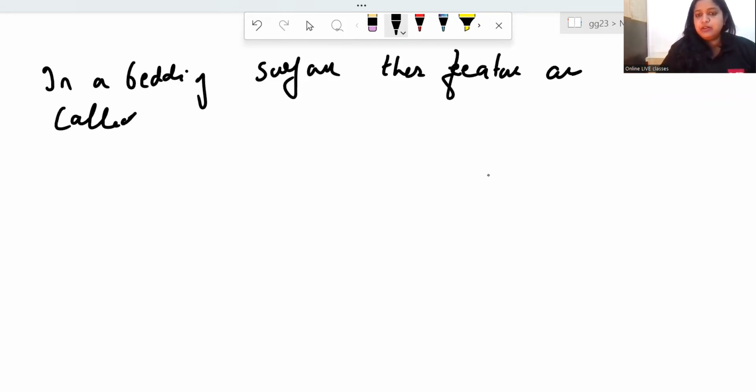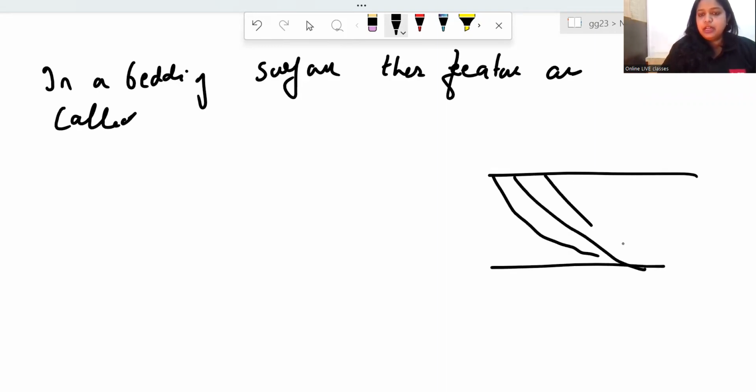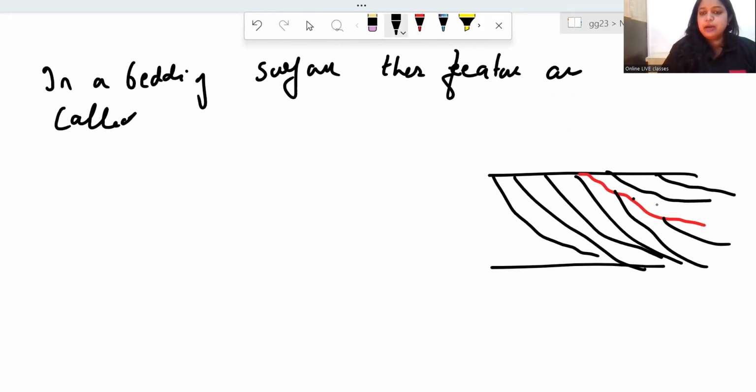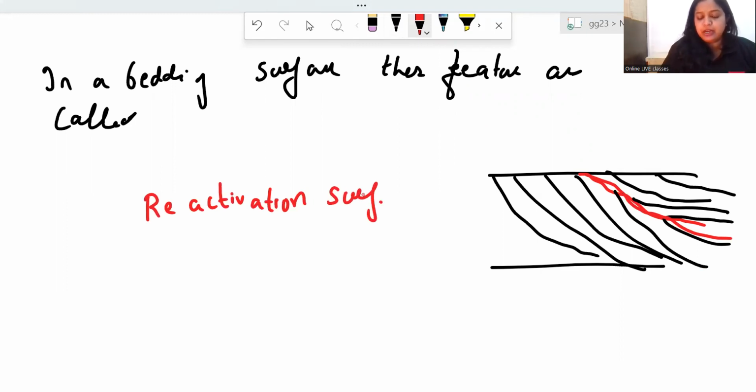The picture had a set of cross laminations, and there is a surface where truncation of a different set of cross lamination was shown. So this was the picture. Actually this surface is called a reactivation surface. Options were facet, angular unconformity, reactivation surface, etc.